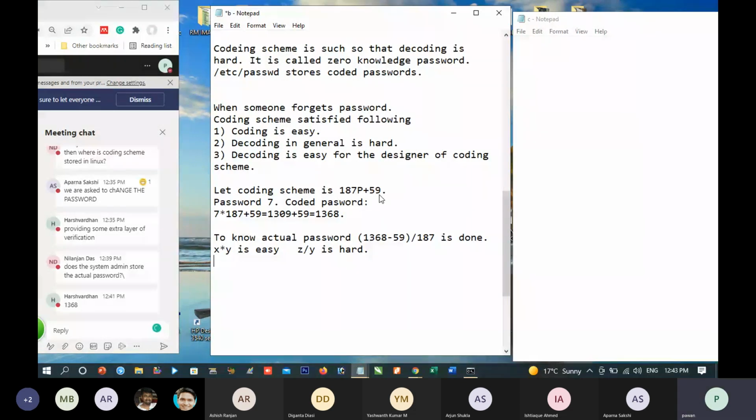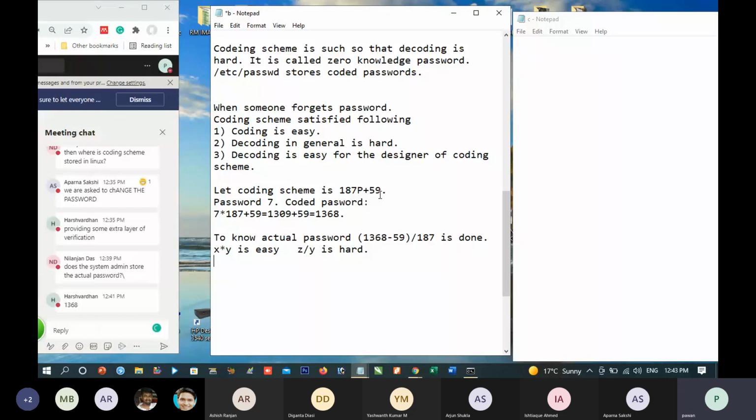Is it correct? Yes. The OS has stored 187 plus 59. Do you understand? Multiplication by 187 the OS will do every time a person gives a claimed password, and will try to match it by adding 59.